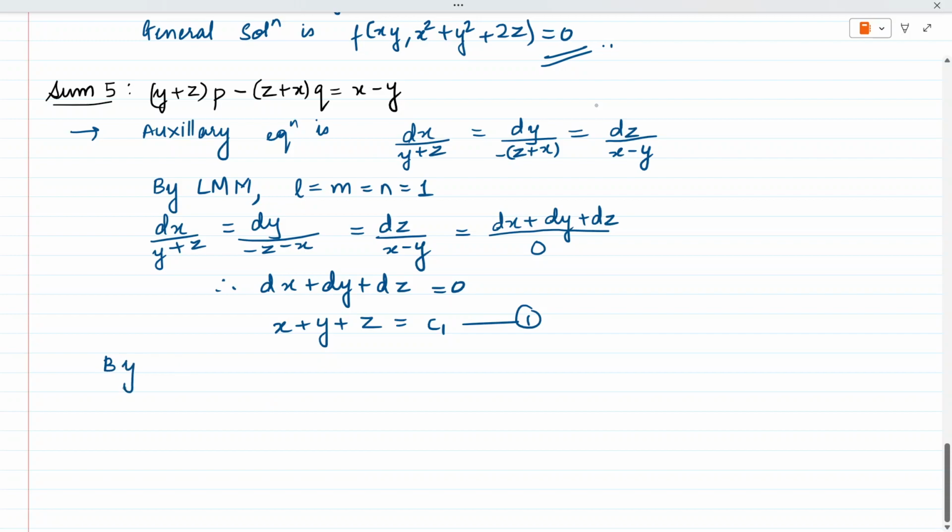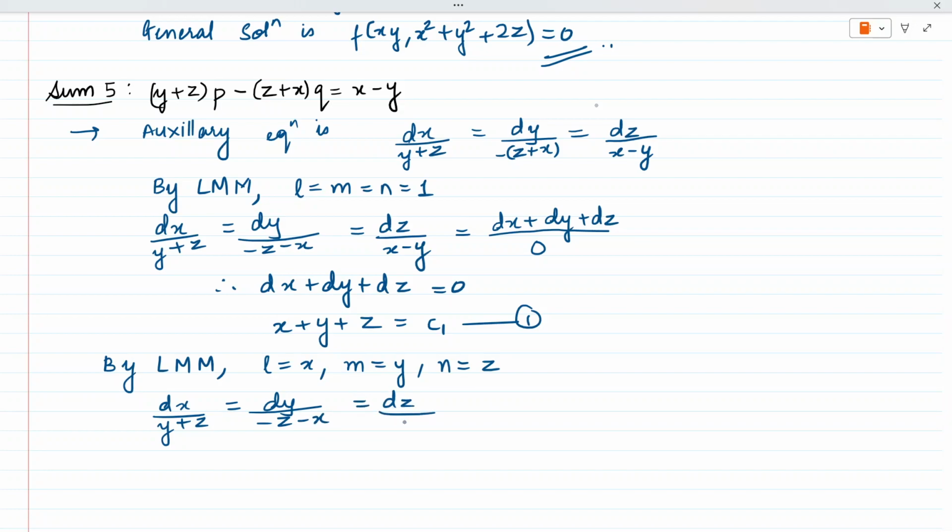Again, apply Lagrange's multiplier method. This time, let's try L is x, M is say y, and N is say z. Okay, if that is the case, we have y plus z, negative z, negative x, x minus y.